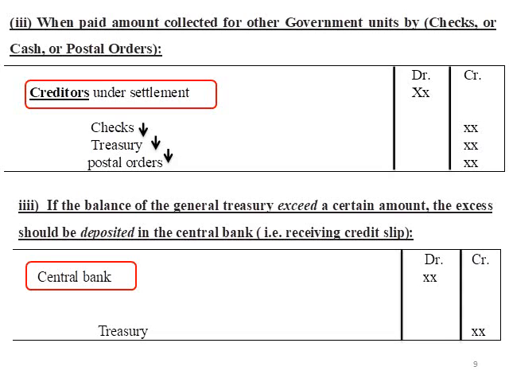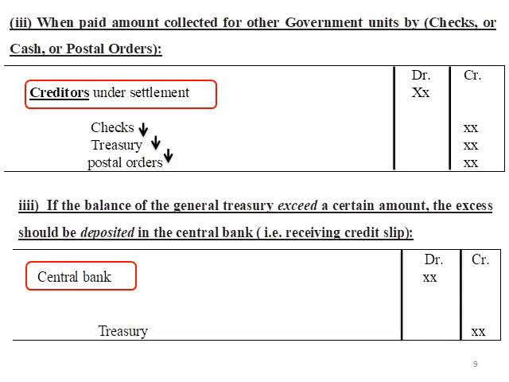And the same thing when you pay the money to the other unit, another governmental unit, what should we record? Fine, we will close creditors under settlement. The same thing, close means put it in the debit side from the credit side. As we know, in the first step it was in the credit side.